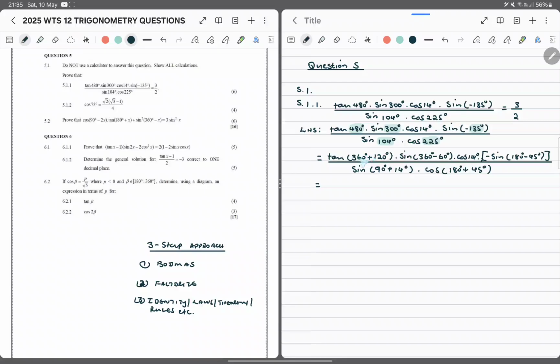Now we know tan of 360 plus is literally an angle in the first quadrant in principle. We forget about that being 120. It will correct itself.